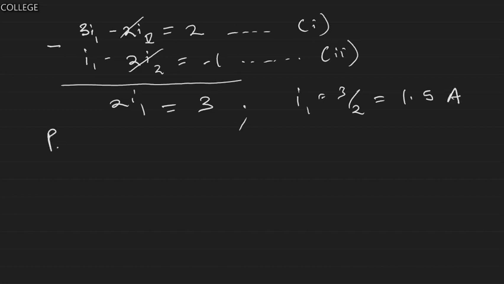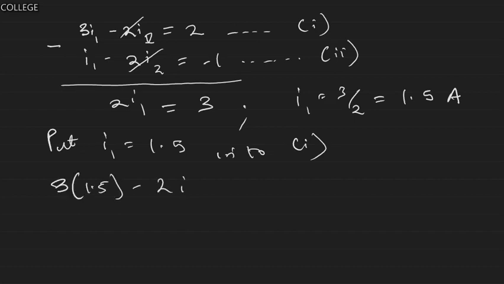So let's substitute the value of i1 into any of the equations. Let's say equation 1. We have 3 times 1.5 minus 2i2 equals 2. So we have 4.5 minus 2i2 equals 2.